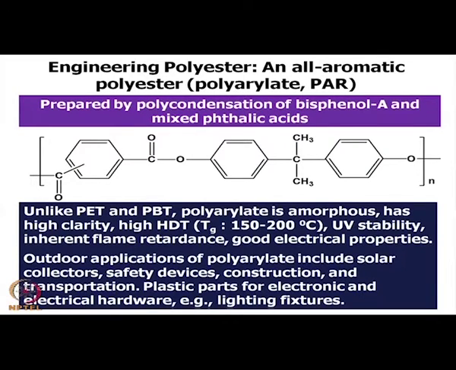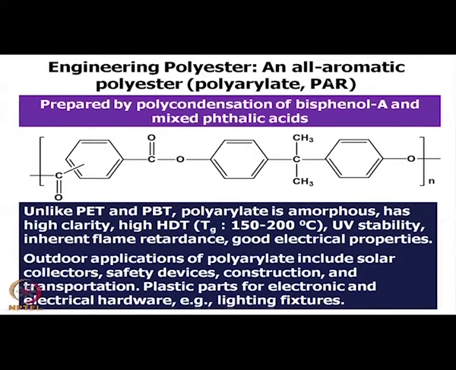Now, a polyester can be made fully aromatic, that means both the acid part as well as the alcohol part could be aromatic. That is known as all aromatic polyester, polyarylate, PAR.